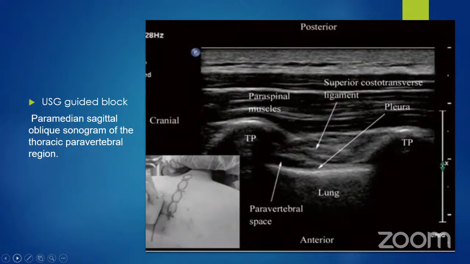Inferior to the superior costotransverse ligament, we deposit the drug. We have to be careful about the pleura. Inferiorly, we have the paravertebral space. It can be given in the sitting, prone, or lateral position.